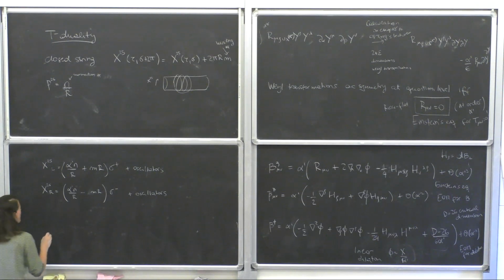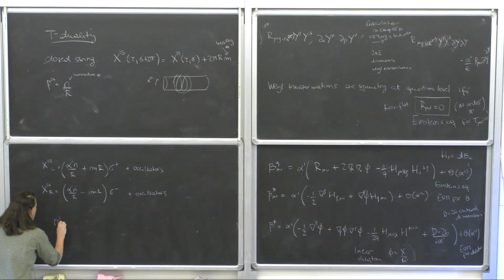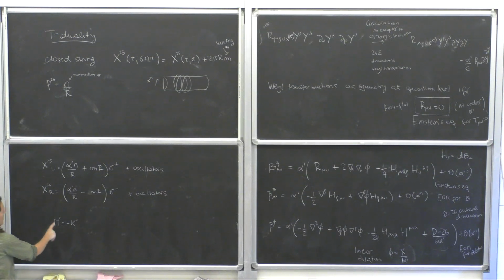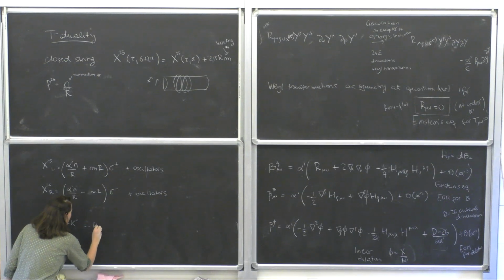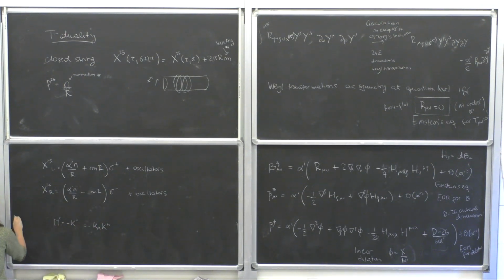And if you compute the mass, so m squared, which is equal to minus k squared, this k squared I'm going to split. I'm saying that x m is x mu and x25, so mu goes from 0 to 24.